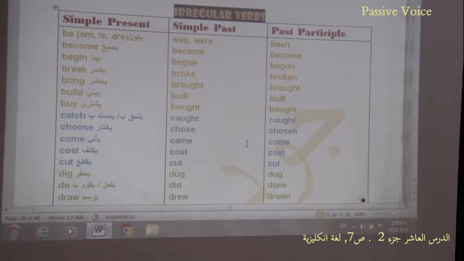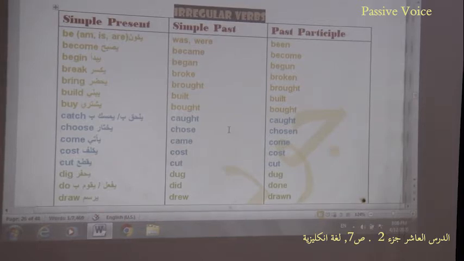For this reason, we always need to memorize the irregular verbs list by heart. I'll show you, at the end of this lesson, a video with the song of the irregular verbs.